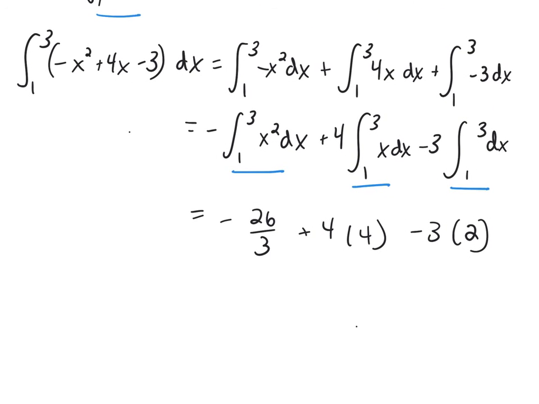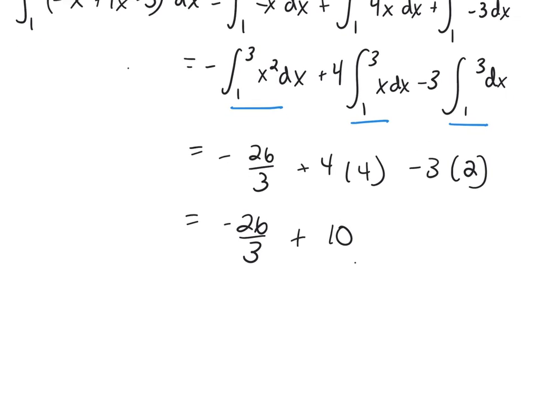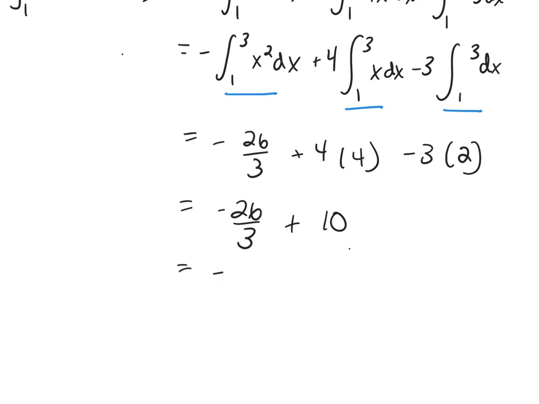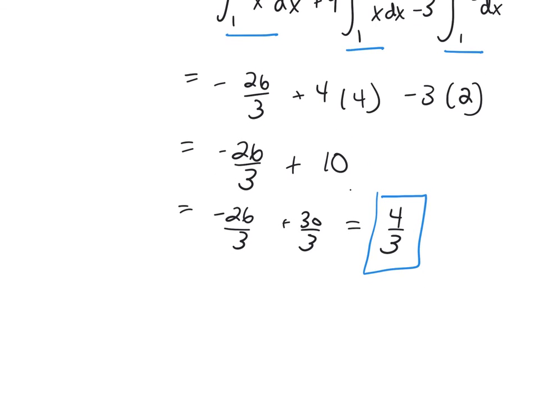So in the end, I'm getting negative 26 over 3 plus 16 minus 6, which is 10. If you get a common denominator of 3, you'll get 4/3. And there's my answer using the properties that we started off with.